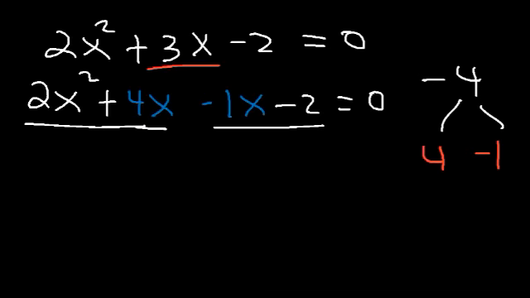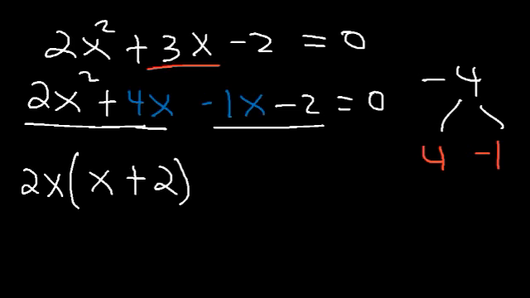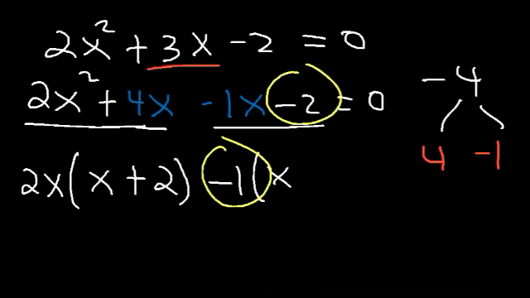In the first two terms, we can take out a 2x. 2x squared divided by 2x is x, and 4x divided by 2x is 2. In the last two terms, let's take out a -1. -1x divided by -1 is simply +x. And -2 divided by -1 is +2.